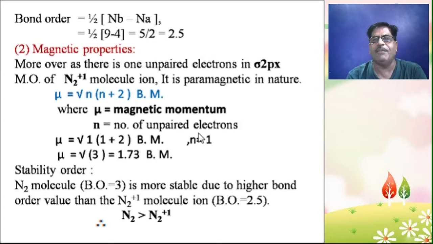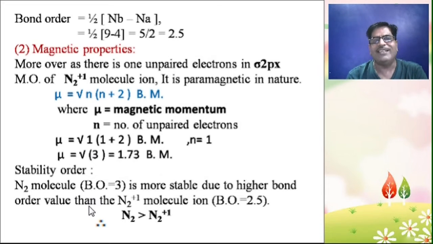So how many unpaired electrons are there? 1. Putting the value n equal to 1, mu is equal to under root 3. Therefore, 1.73 Bohr magneton.